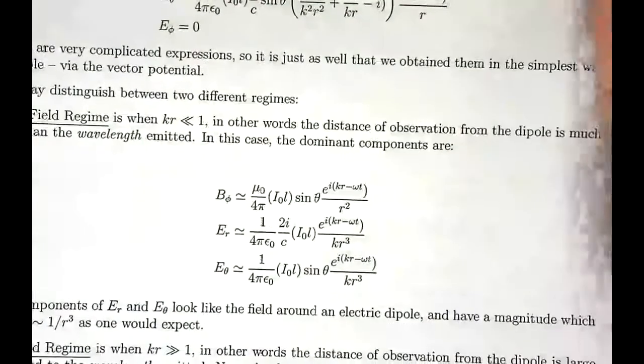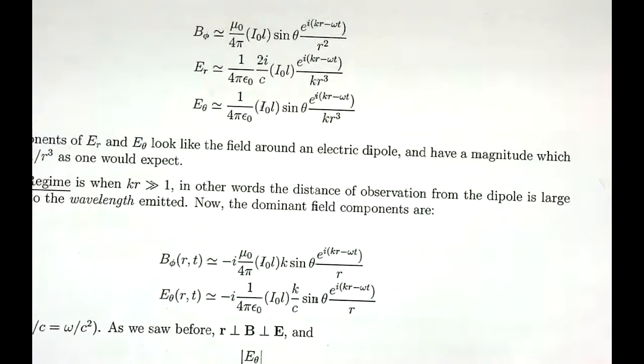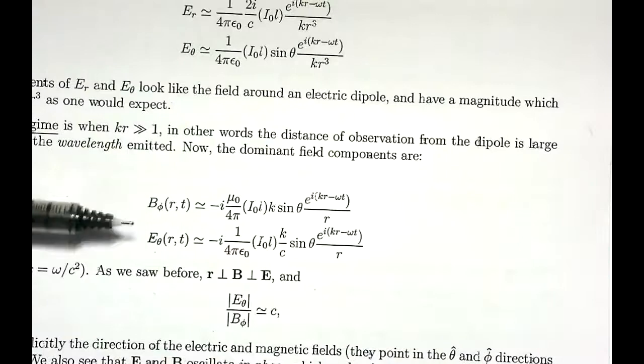And then the far field regime, when those 1 over r squared and 1 over r cubed components have fallen away, we see, as we would expect, the electric and magnetic fields falling as 1 over r. Therefore when we combine them together, we see the right form for the total power being emitted. And remember, it obeys energy conservation. It falls as 1 over r squared.